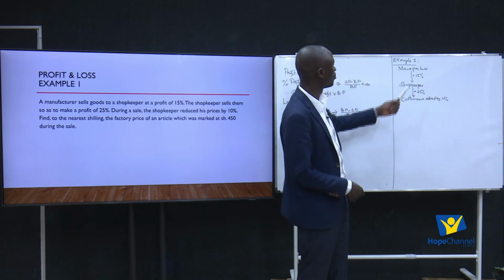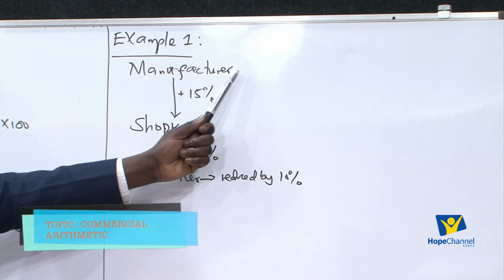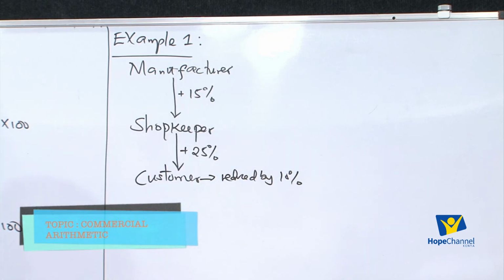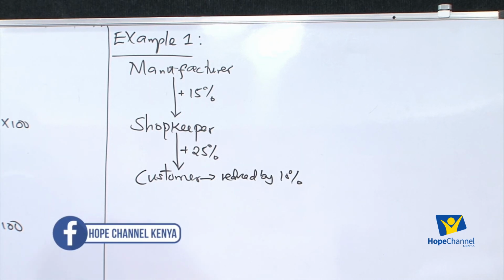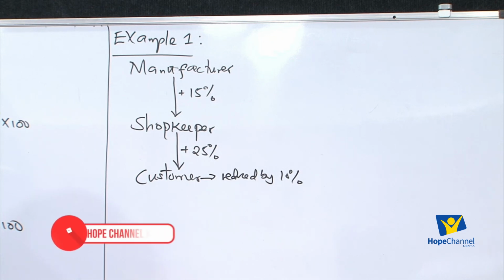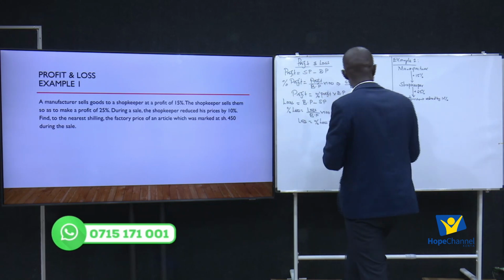So we want to look at the factory price, that is the manufacturing price, for the item which was marked at this amount during the sale, meaning that the shopkeeper sold this item at 450.